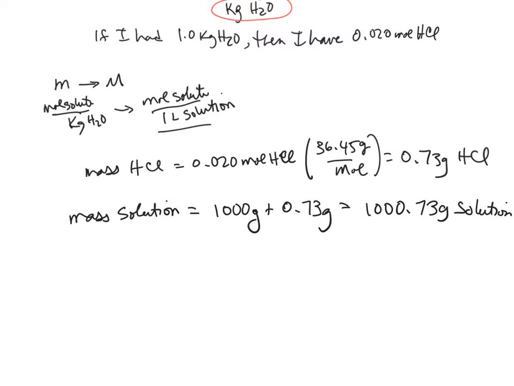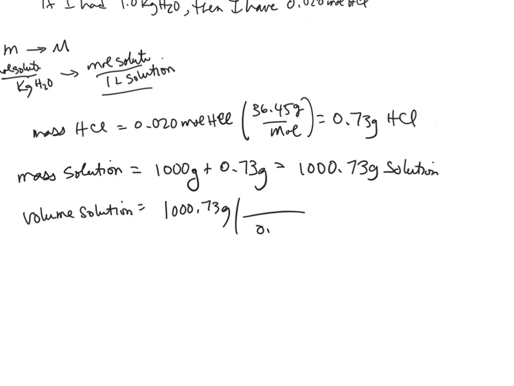Okay, and then take that mass and go to volume of the solution. 1,000.73 grams, and you have 0.080 grams per milliliter.